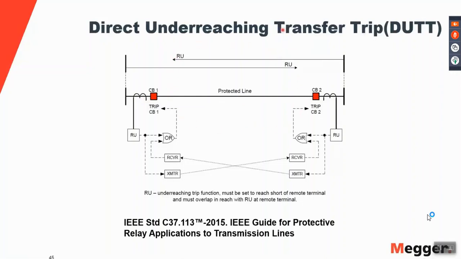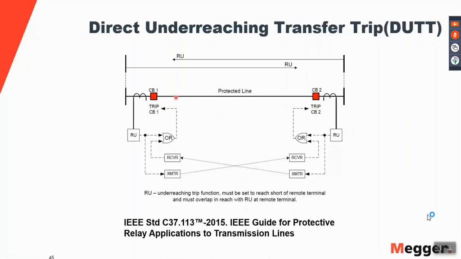And transfer, because this guy is telling the other to do it. So what happens here is that if, let's say, relay 1 sees a fault at this point here, it will trip immediately, and then it will send the trip to this guy over here, right? And this guy will trip immediately without any other consideration.